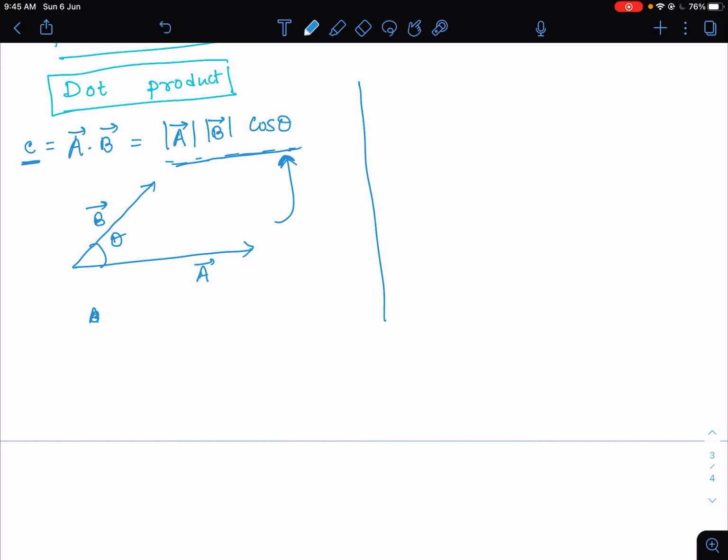One of the applications of dot product in physics, as you may be aware, is the work done by moving an object.